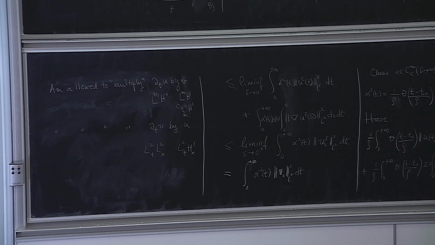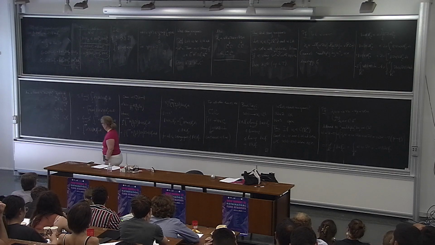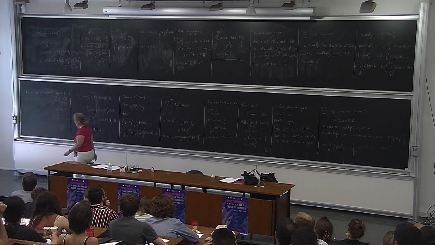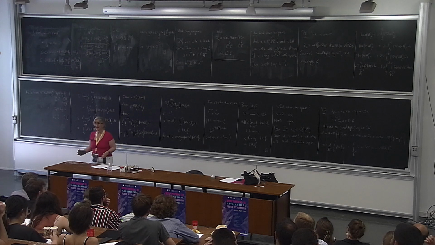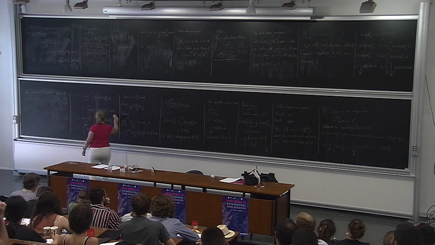And so this is what I'm going to do. I'm going to write down the integral of d_t u times v plus u times d_t v, and use the fundamental theorem of calculus.